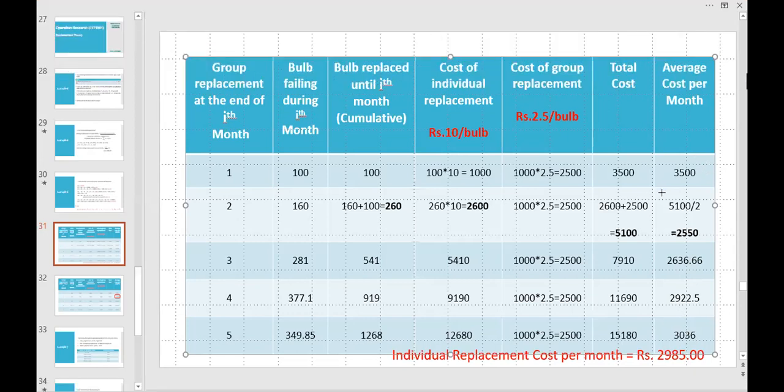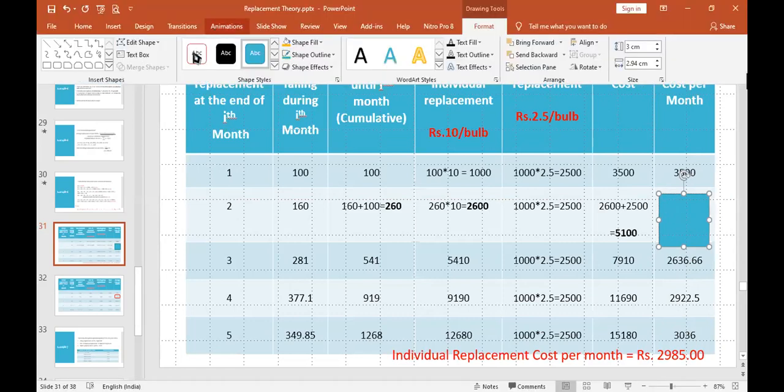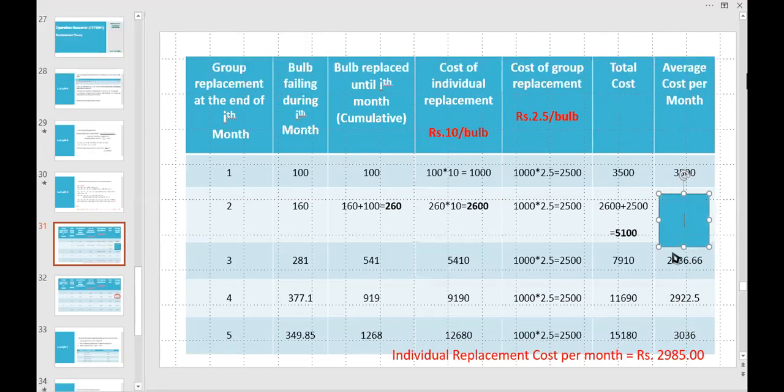So we must replace the bulbs at the end of the second month. Is that clear to everyone? The bulb must be replaced.